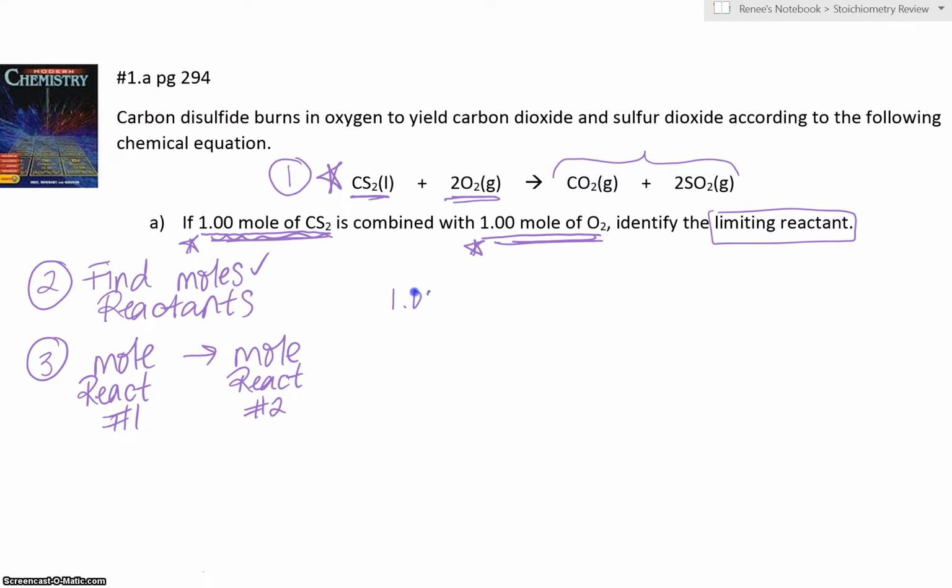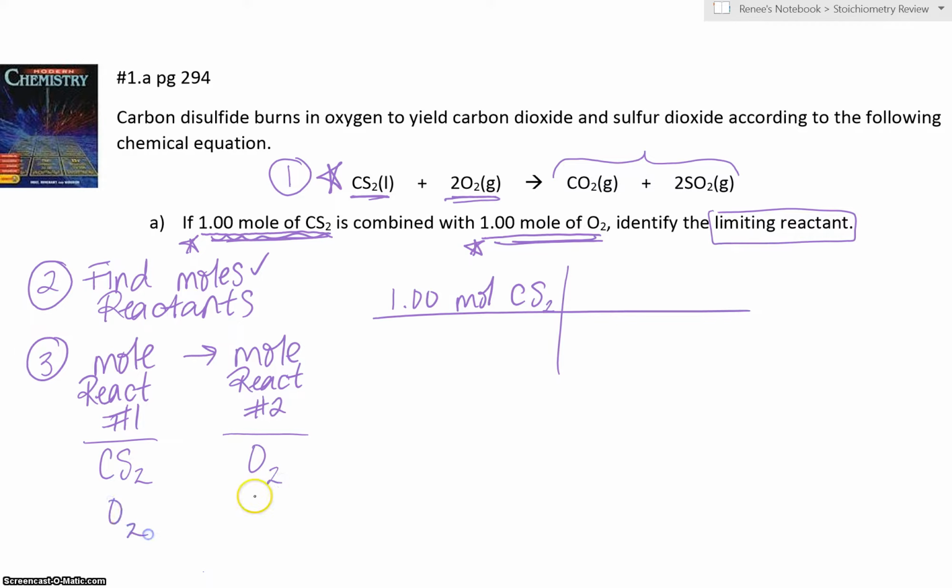So 1.00 moles of carbon disulfide. And you go from moles of one reactant to moles of the other. My reactants here are carbon disulfide and oxygen gas. Then I'll do it again from oxygen gas to carbon disulfide, and then I'm going to compare. Okay, so 1 mole of carbon disulfide.